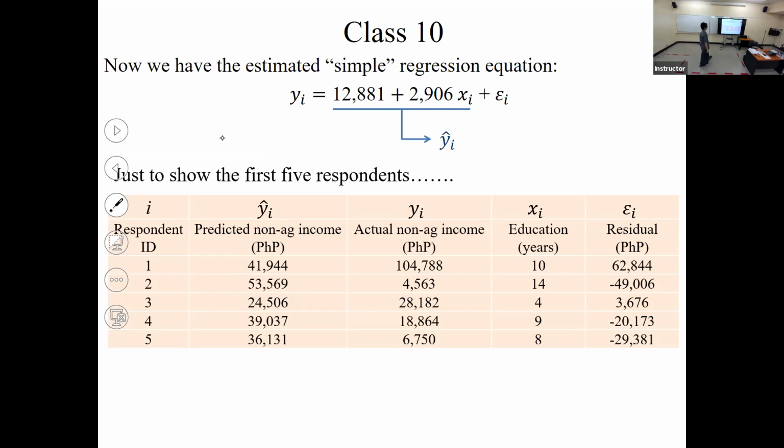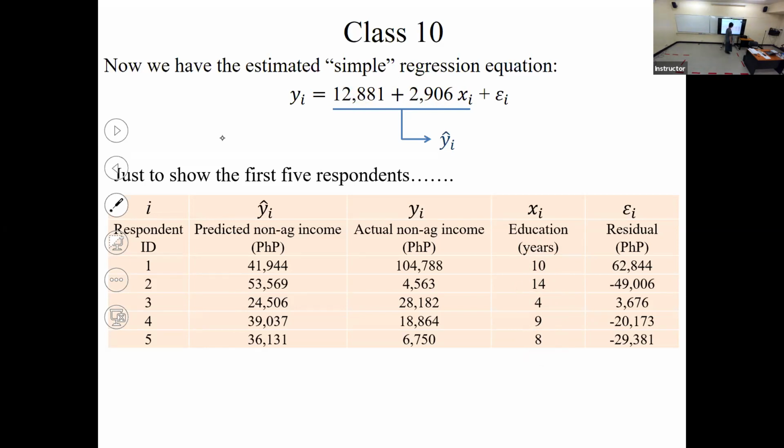Sometimes you can consider the predicted value of the dependent variable according to whatever value of x. You can do prediction based on any number of years of schooling, not just these actual existing values, because you established the slope and the intercept.